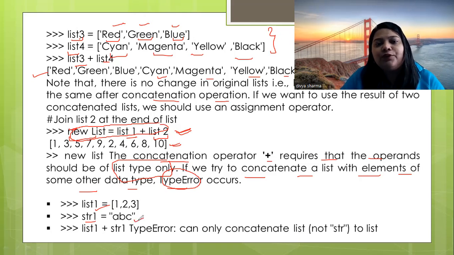As we know, a string is enclosed within single quotes or double quotes. Here we are using double quotes. When we concatenate list 1 plus string 1, it will produce a type error. It will not produce any output, only a type error.